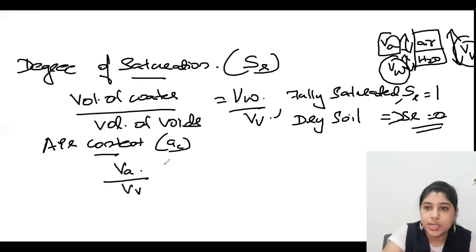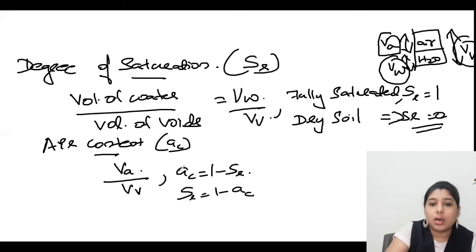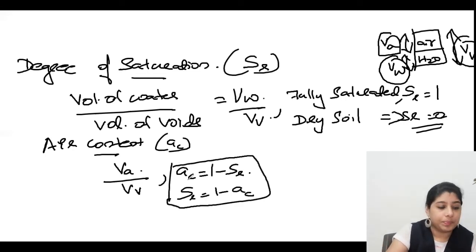Saturation means volume of water by volume of void, as well as air content means volume of air by volume of void. And we should know this air and water are correlated. So we can say that air content will be 1 minus saturation, or saturation will be 1 minus air content. These all we will study in comparison. Don't worry, we will study there.